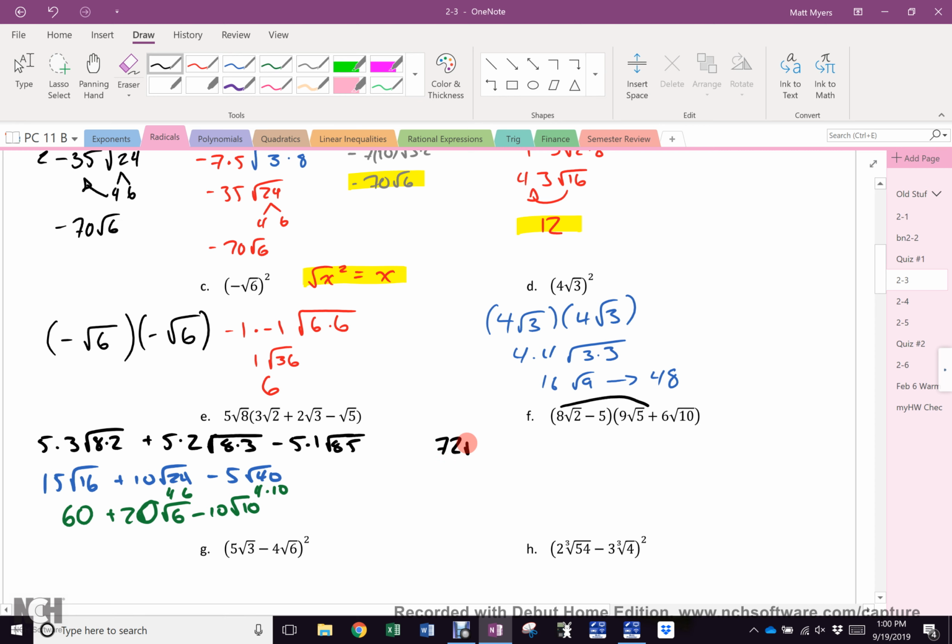What am I going to write? So we're going straight to it. That's fine. 72 root what? 10. Cool. Then the red one. What's that? Plus 48 root. Then the blue one. What's that?